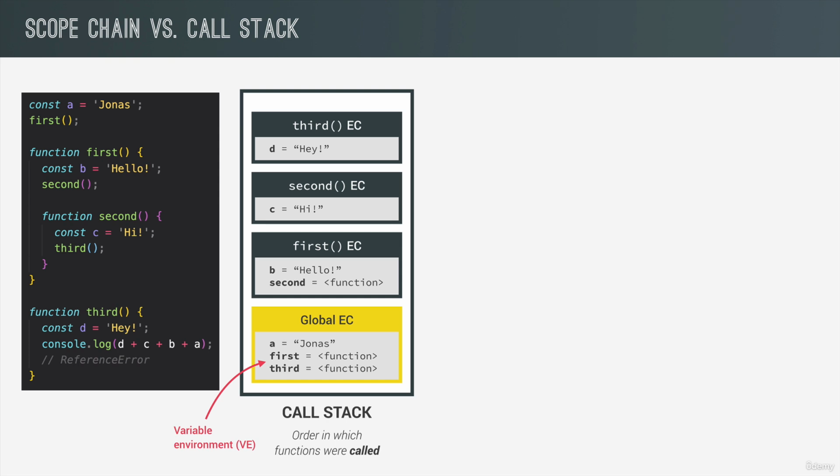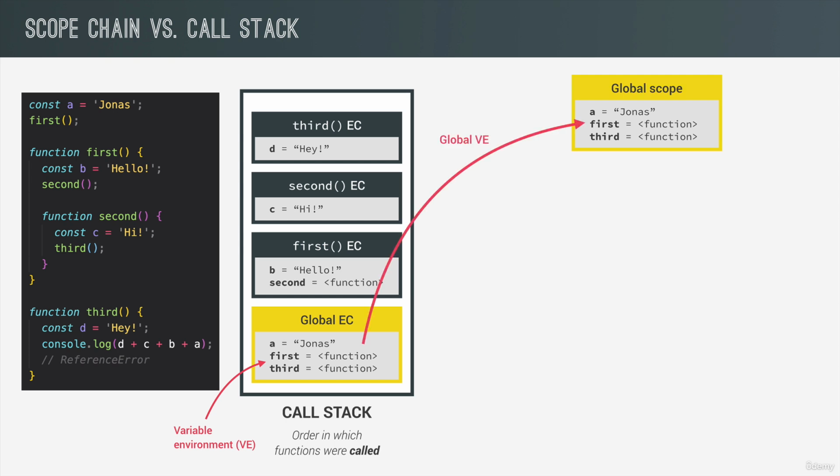Okay, and now that you did that, and we have all these variable environments in place, we can actually start building the scope chain. As always, we're gonna start with the global scope. And the variables available in the global scope are exactly the ones stored in the variable environment of the global execution context.